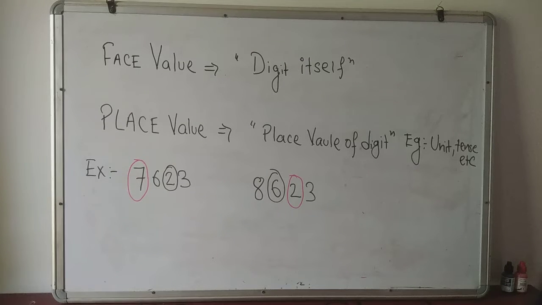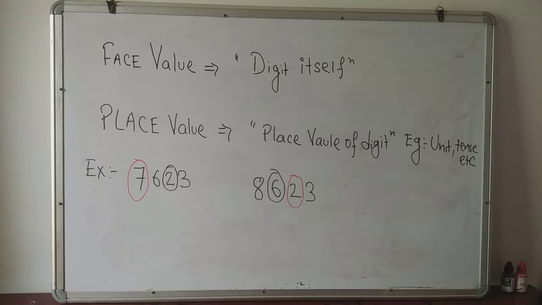Okay friends, now we are moving to the next topic whose name is face value and place value. In face value, the digit itself we represent as its face value, whereas in place value, we must write the place value of the digit. For example, if the digit is placed in the tens place, then we write the value of that digit with its tens place value.